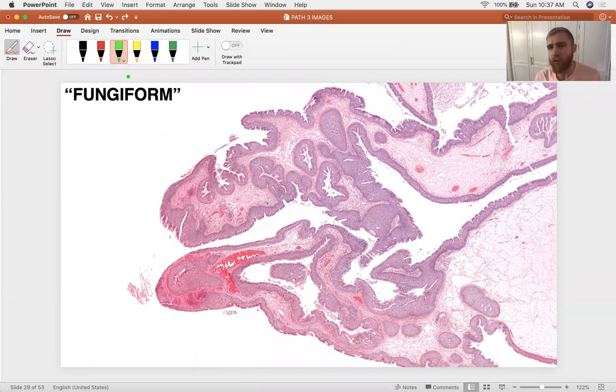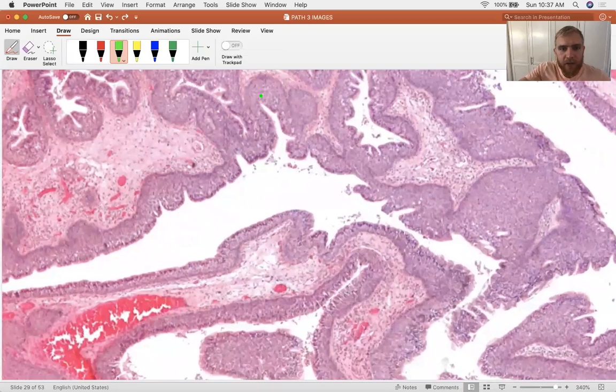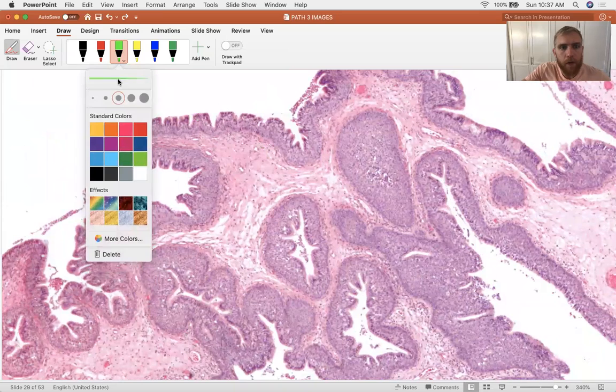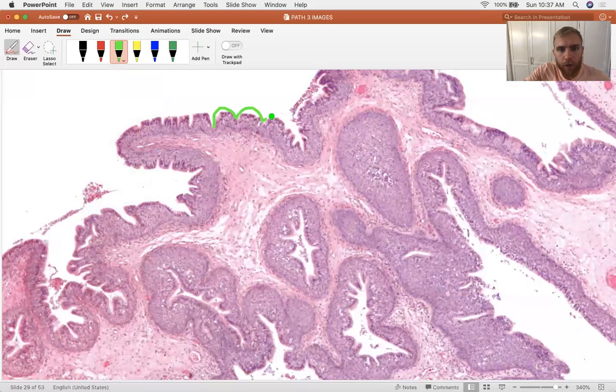And so exophytic means that it's got finger-like fronds on the outside of it, right? And then if we zoom way in, you can tell that the epithelium of this papilloma has got bumps all over it, right? It's a bumpy, lumpy epithelium.